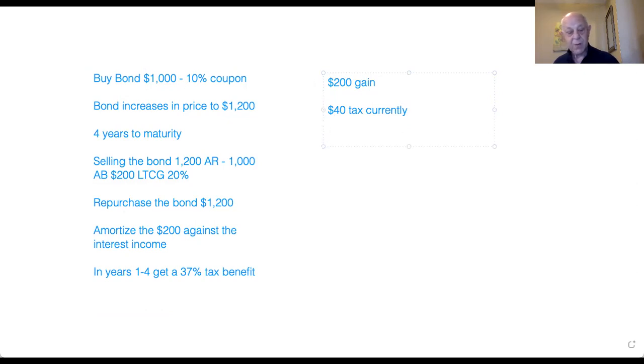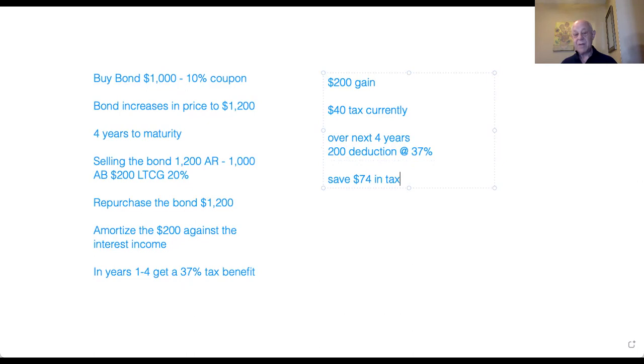And then over the next 4 years, we're going to get a $200 deduction at 37%. And we're going to save $74 in tax. So we're giving the government $40 today to get back 74 in 4 years.